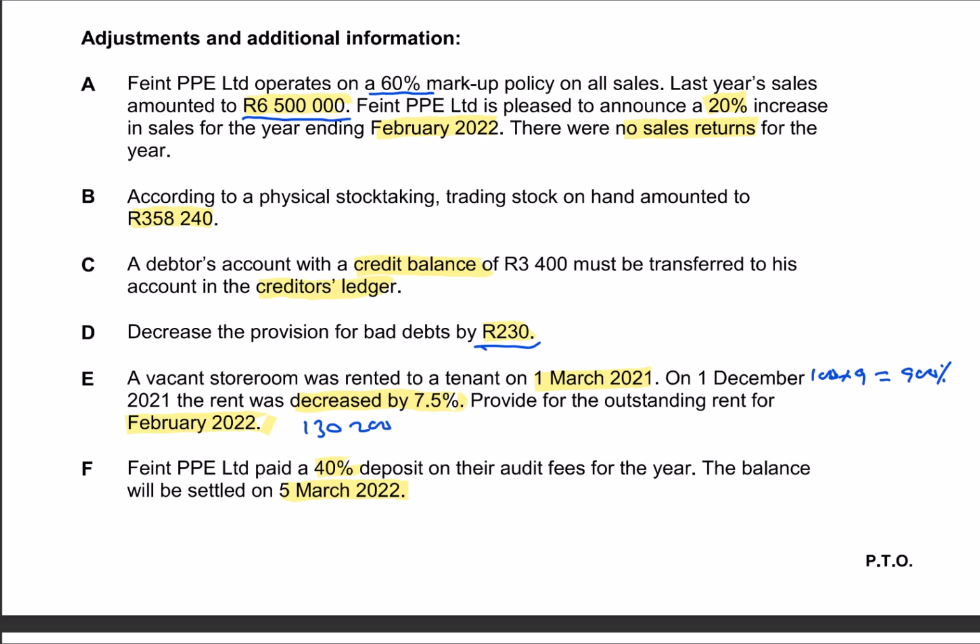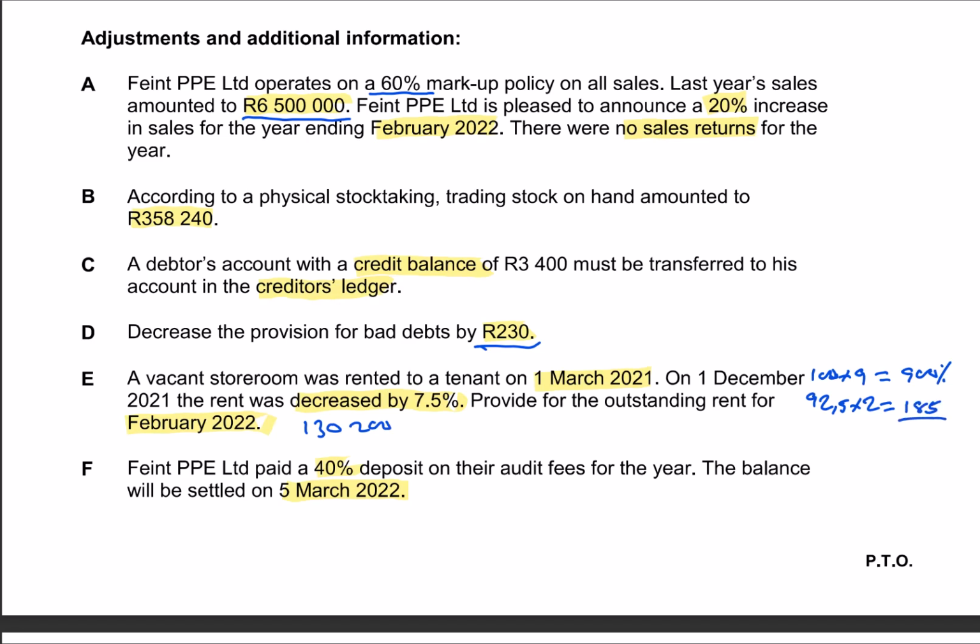Then from November now, remember you only had paid up to, they will only have received up to January, because for February they're saying provide for the outstanding rent we haven't received. So that will be 92.5 times that is December, January, times 2, which is equal to 185.